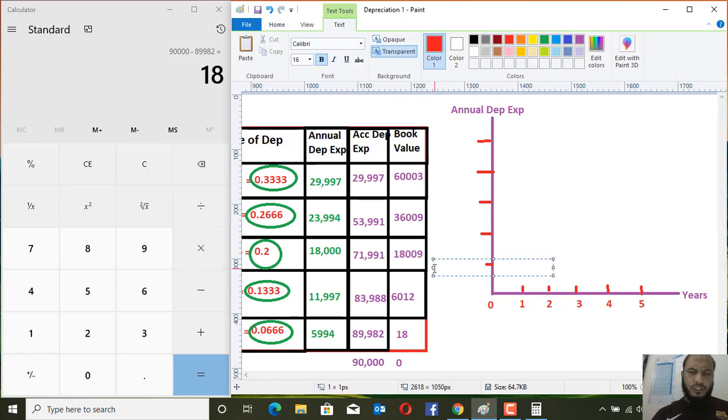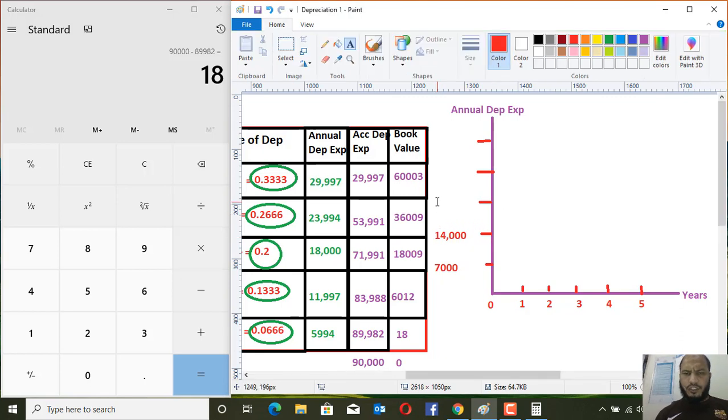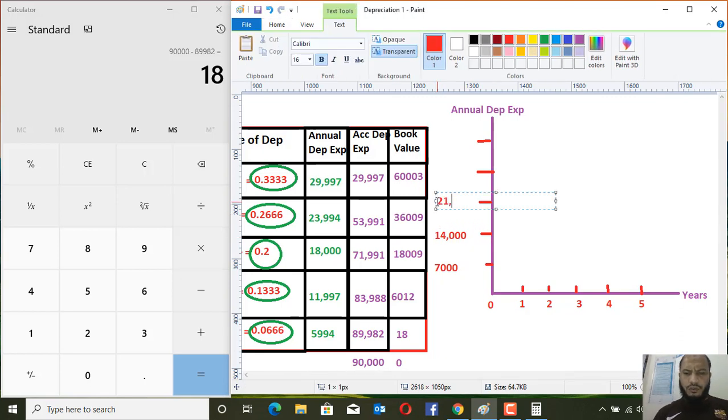The difference between 2 points is 7,000 AFN. So for point 2 it will become 14,000, for point 3 it will become 21,000, for point 4 it will become 28,000, and for point 5 it will become 35,000.